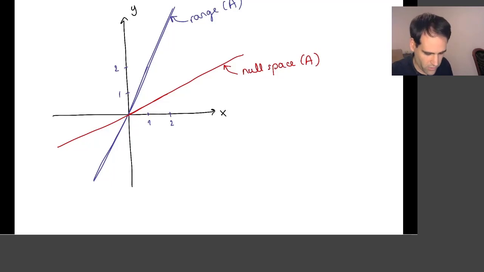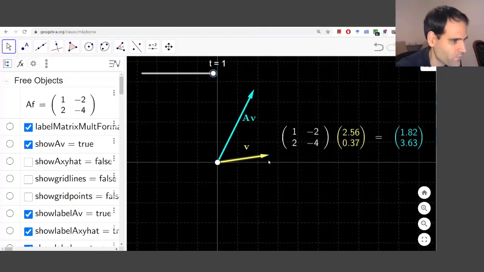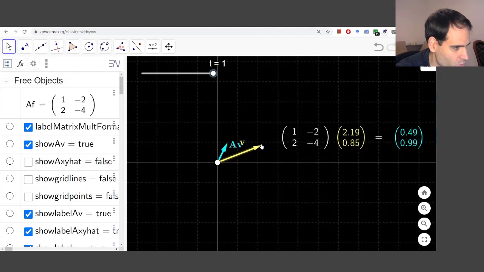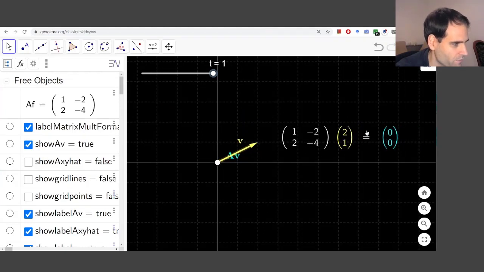Okay? So this means that any vector v that starts in this line will end up in 0. Let's check that in our applet. So if I start with vector (2, 1), the answer is 0, indeed. If I double that vector, the answer is (0, 0).